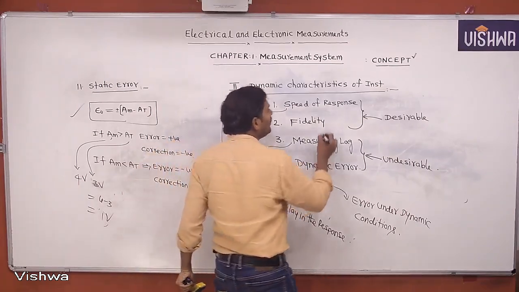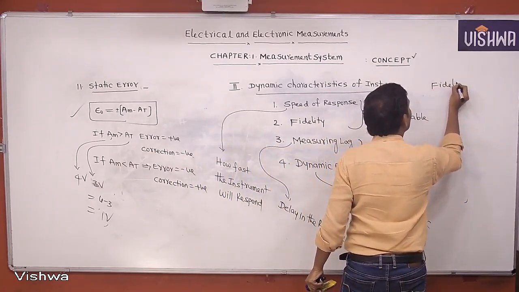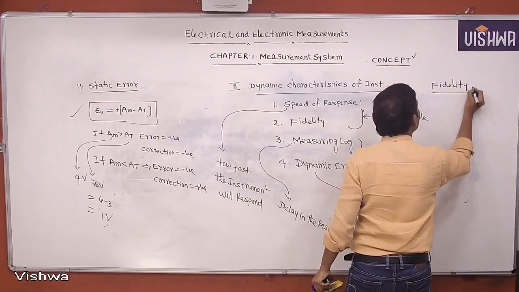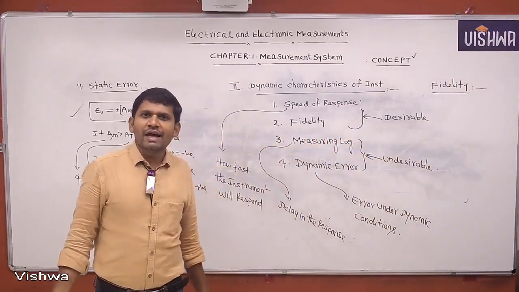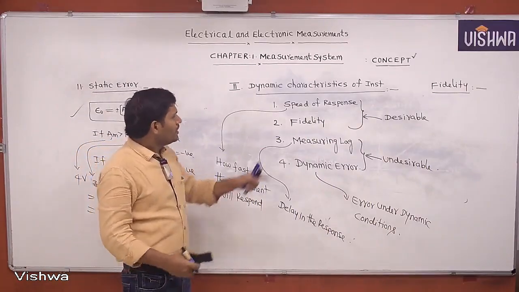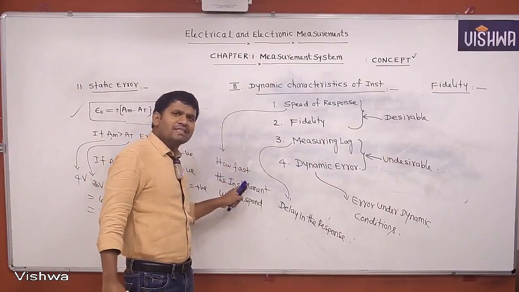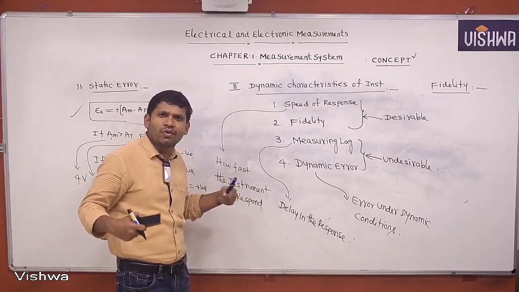Then what do you mean by fidelity of an instrument? This is an important characteristic, and one of the desirable dynamic characteristics. Speed of response is acceptable; every time the instrument must respond at a very fast rate.